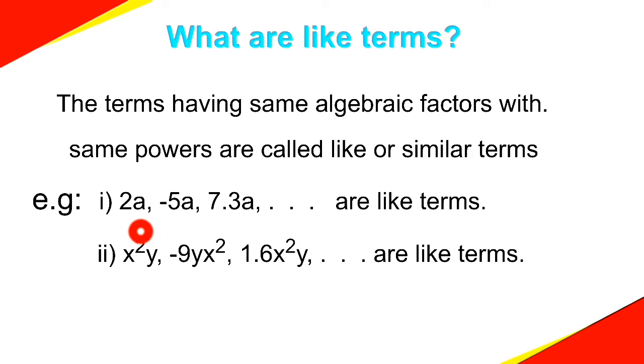Right, x square y is a common factor among these three. So we can say x square y, minus 9 y x square, 1.6 x square y are like terms. Here no need to think about the coefficient of x square and y.